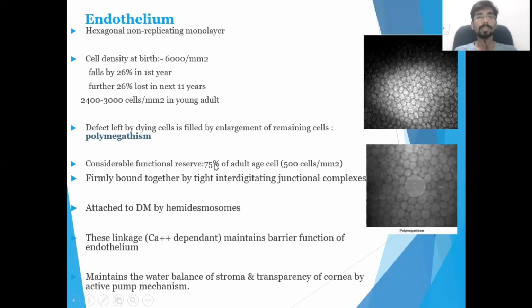Considerable functional reserve remains at 75% of the adult cell count. The cells are firmly bound together by tight interdigitating junctional complexes and attached to Descemet's membrane by hemidesmosomes. These calcium-dependent linkages maintain the barrier function of the endothelium, the water balance of the stroma and the transparency of the cornea by an active pump mechanism.